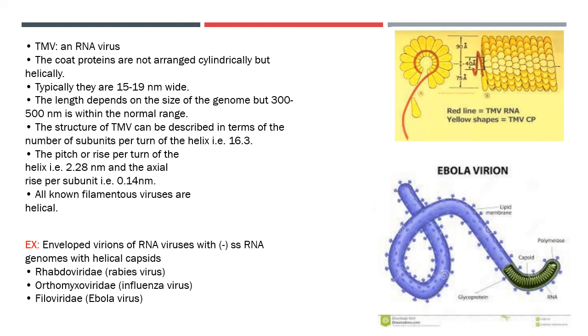The length depends on the size of the genome, but 300 to 500 nanometers is within the normal range, right? The structure of TMV can be described in terms of the number of subunits per turn of helix. That is, there are 16.3 subunits per turn.